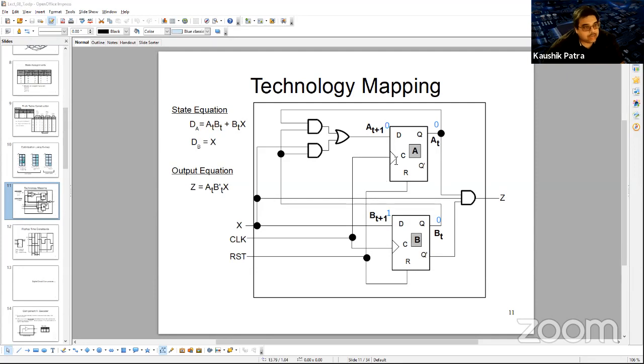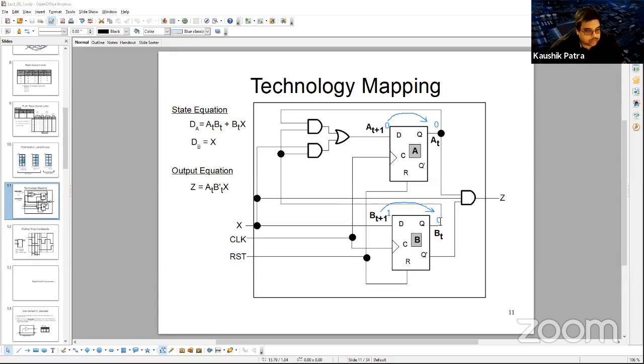Now in the next clock cycle, what will happen? This will be registered at the D flip-flop in the next clock cycle, and this one at the next clock cycle as well. So in the next clock cycle, you will have a value of 0 and 1.